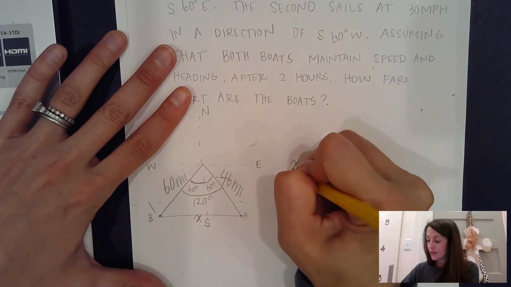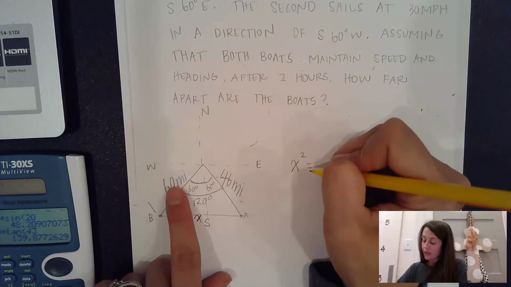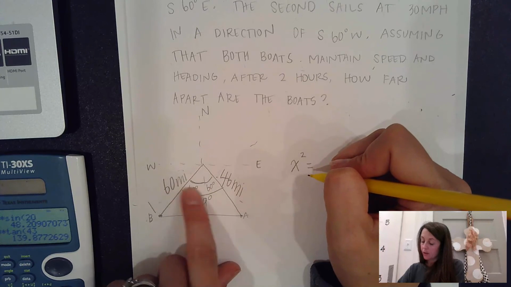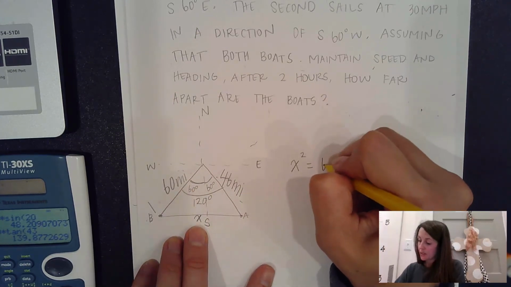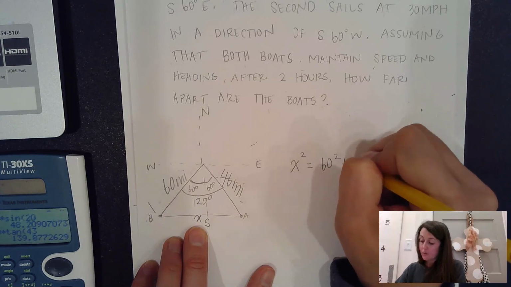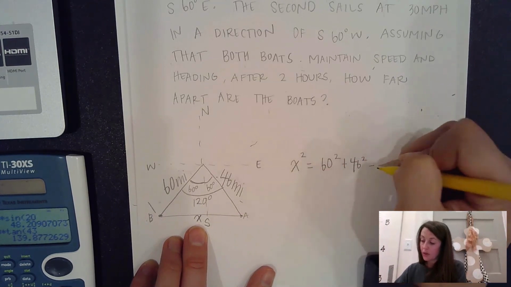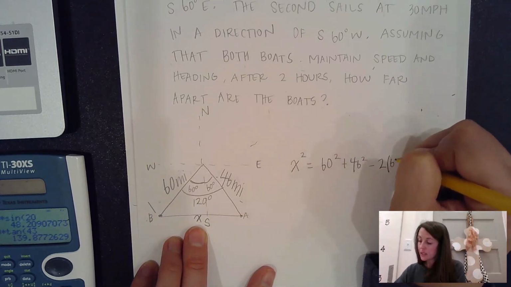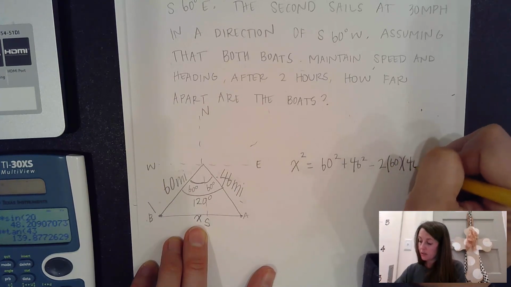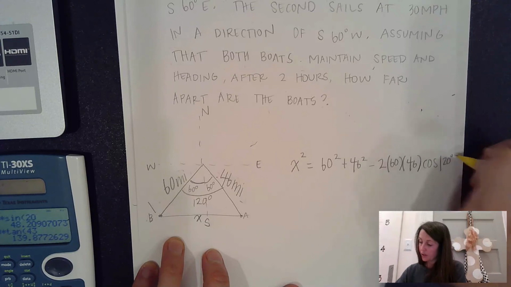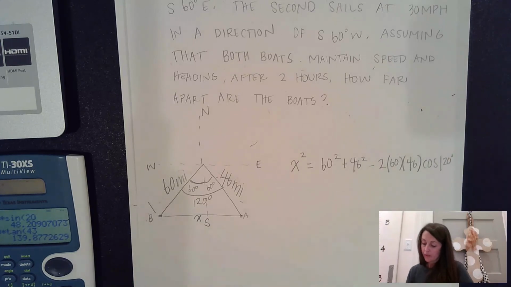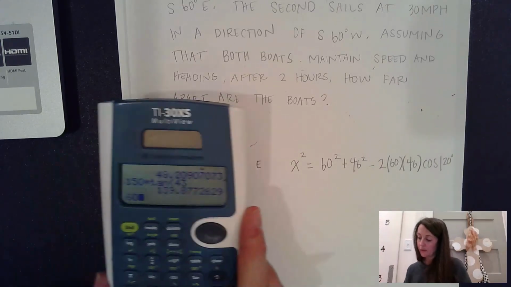So my x squared is going to be equal to, using the included angle and the two sides that I know, 60 squared plus 46 squared. So law of cosines: 60 squared plus 46 squared minus 2 times 60 times 46 times cosine of 120 degrees.